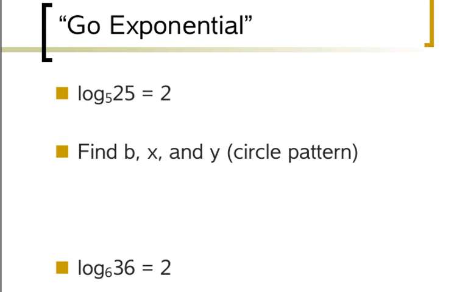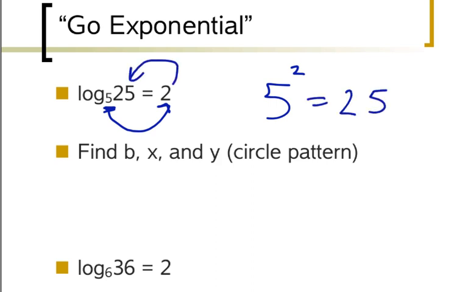And now sometimes we're given the logarithm and they want us to rewrite it, and so I call it go exponential because now we're taking the log and we're writing an exponent out of it. So we do the same pattern. We start with the base. The base on the logarithm is the small number that's in subscript, lower than the other parts. So we start with the 5, so I write 5 to the second power equals 25.